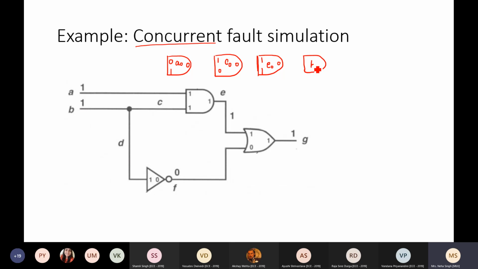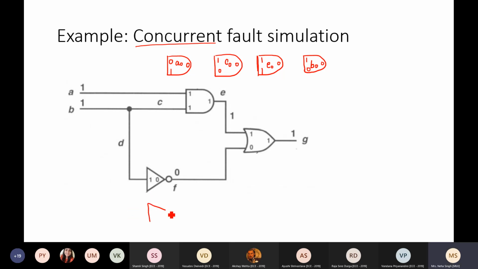So I should consider the stuck at fault B0 also. अगर B equal to 0 हो गया तो input क्या बनेगा इस AND gate का? 1 0. And correspondingly output is 0. So for the first test vector 1 1, I will have these 4 bad gates in my list for this AND gate.